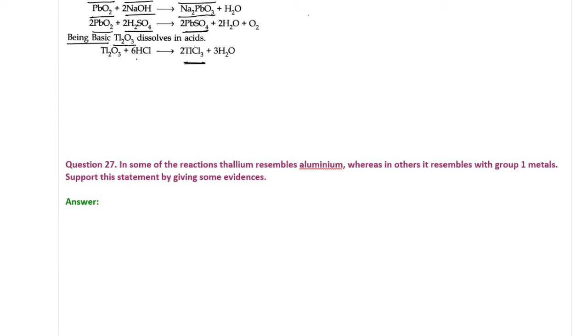Question number 27 is, in some of the reactions thallium resembles aluminium, whereas in others it resembles group 1 metals. So we have to support this statement by giving some evidence. So you know, if we talk about aluminium, aluminium uniformly shows which oxidation state? It shows an oxidation state of +3 only.